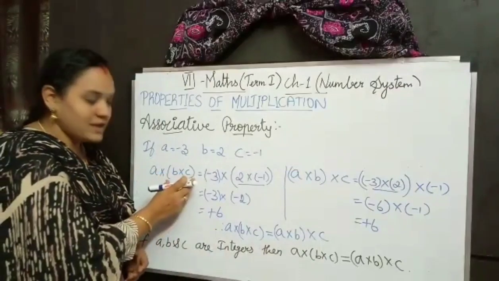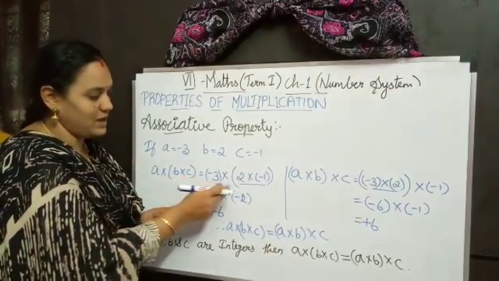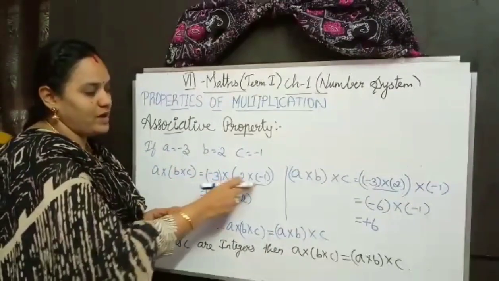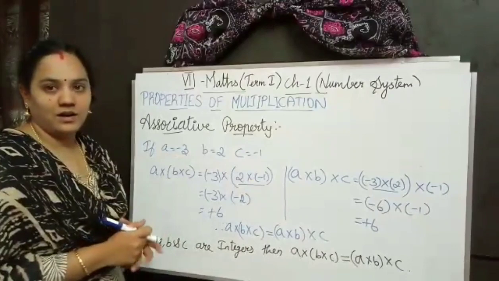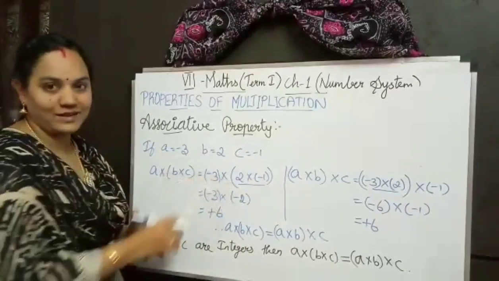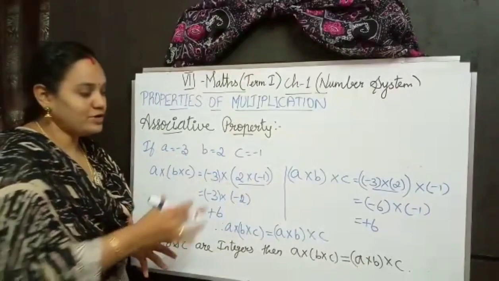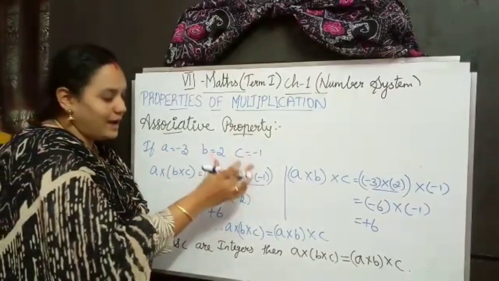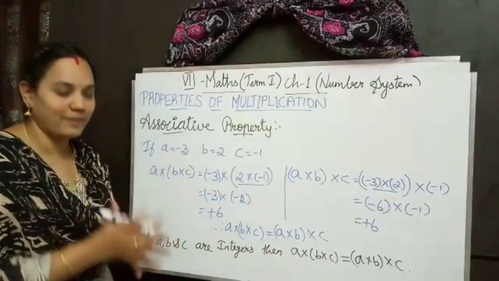Here B and C are grouped together. Likewise, I have substituted the value here: minus 3 for A, 2 for B and minus 1 for C. While solving these things, we have to solve the numbers inside the bracket first. Since you know BODMAS, we have to solve the bracket first.